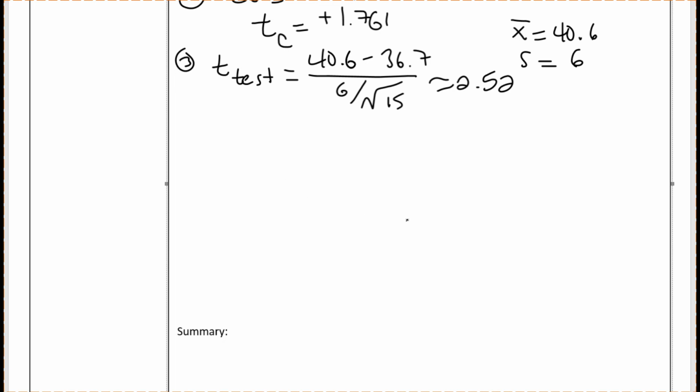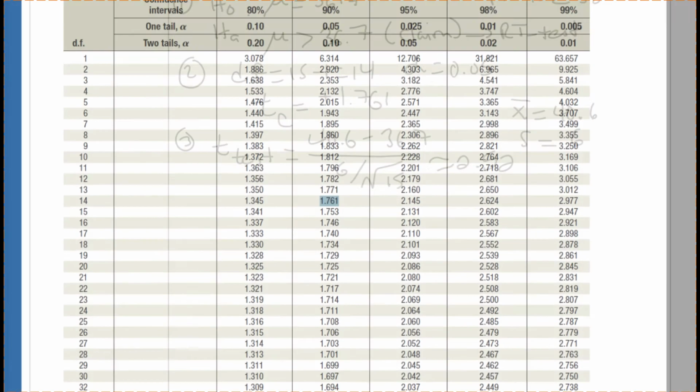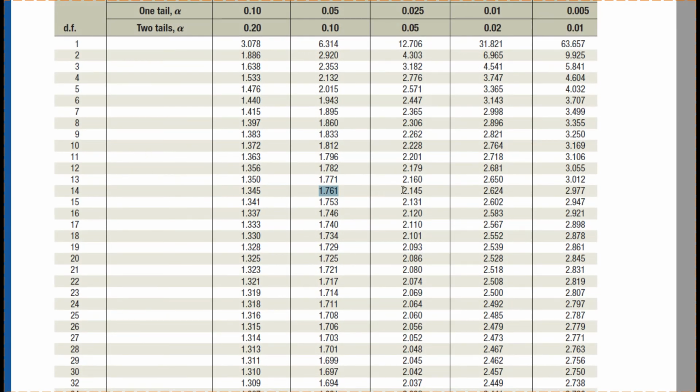We're going to go ahead now and do our p-value. So we want to get as close to 2.52 as possible with a df of 14, which is between these two numbers, it seems.